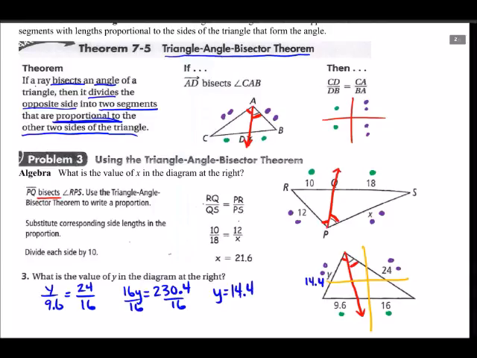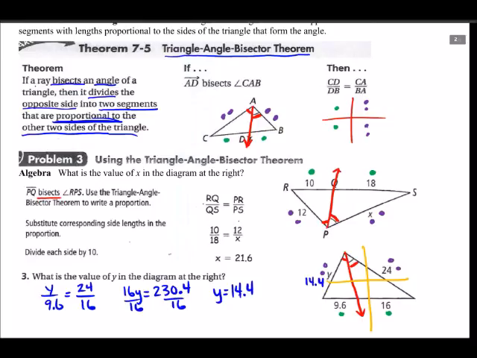If we've got proportional parts, we've got a foursquare. I just wrote my proportion top left, top right, bottom right. y is to 9.6 as 24 is to 16. You can write that however you like. You could have done the nice 9.6 to 16 is y to 24. However you did it, your answer would have come out to be 14.4 units.